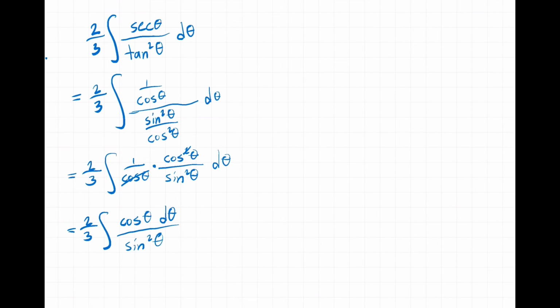Now we can actually do a u substitution. Now that we've converted this to be in terms of sine and cosine, we're ready to go. Let's pick our u to be sine theta here. And therefore our du is, the derivative of that is cosine of theta d theta.